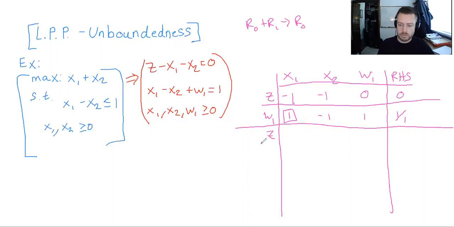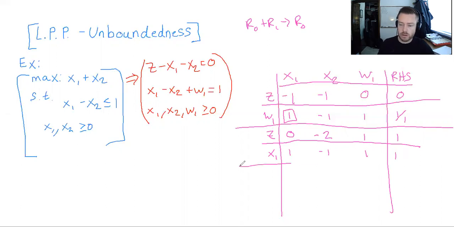So now we have a z. -1 plus 1 is 0. -1 plus a -1 is going to be -2. 0 plus 1 is 1, 0 plus 1 is 1. Because it's in the x1 column, our w1 slack variable is leaving, and we're left with an x1. This row does not change: -1, 1, and that still is 1.